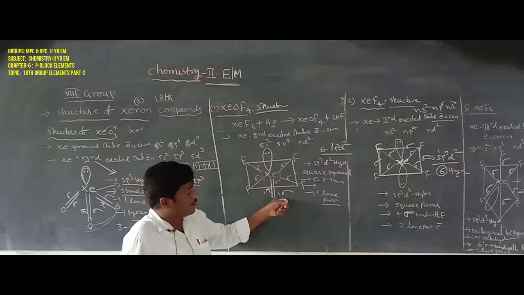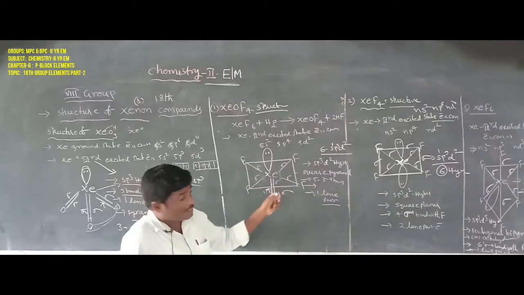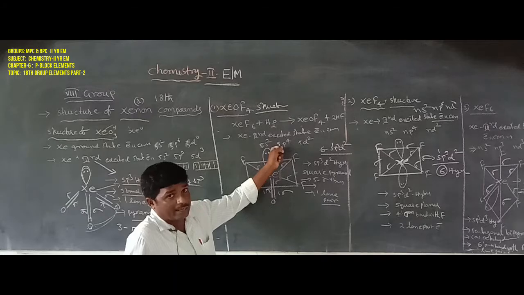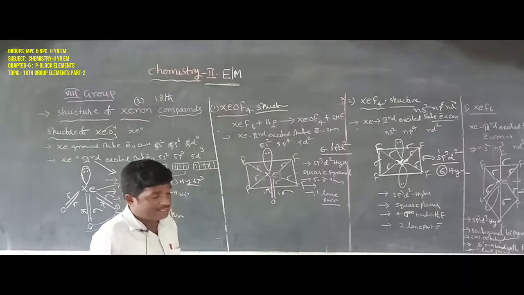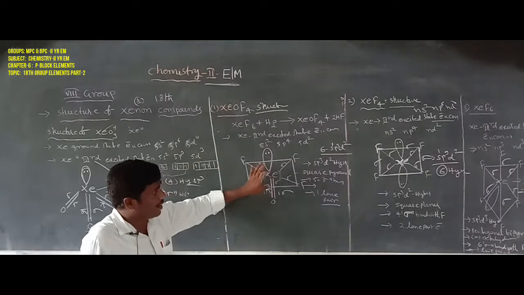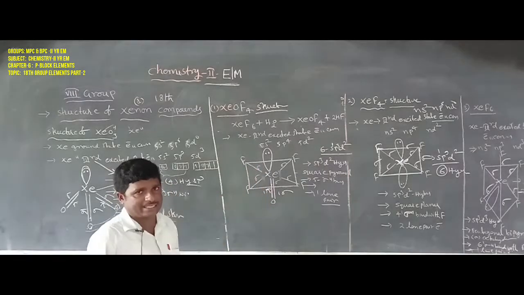That gives 5 sigma bonds and one lone pair, totally 6 electron pairs, forming a square pyramidal structure.